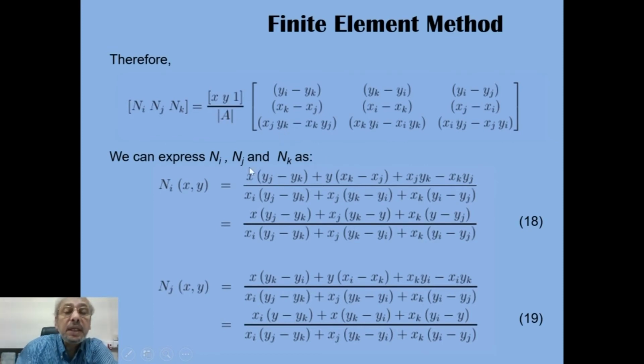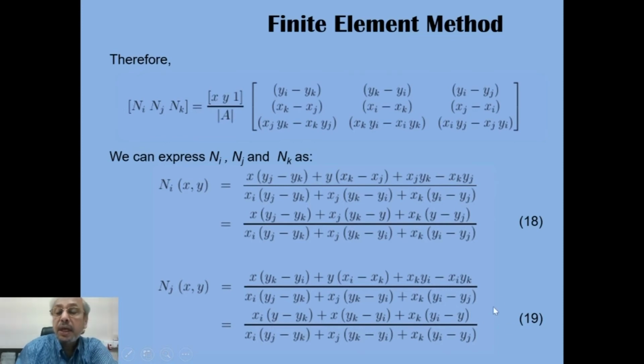Then obviously Ni will be found if we multiply this row with the first column, divided by the determinant. Nj, the second column into this row matrix, and we get this divided by the determinant.